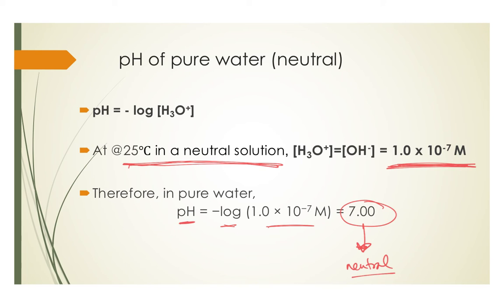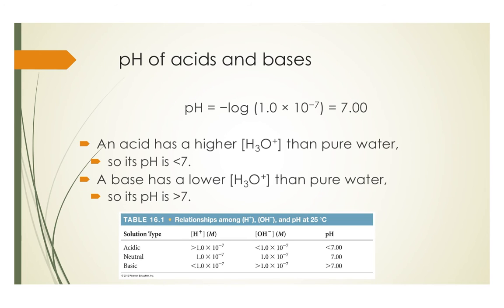All right, so from there, we know that acids have a higher H3O plus concentration than pure water by definition. All right, and so that means that this exponent is going to get -6, -5, -4, etc. So the pH ends up being less than 7.